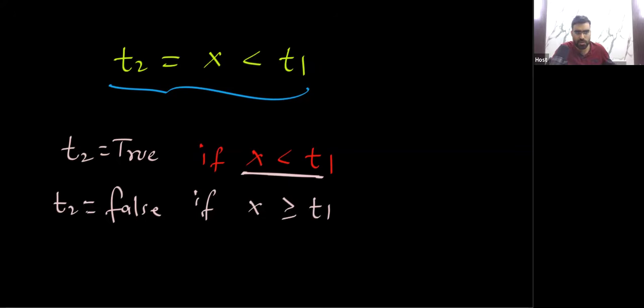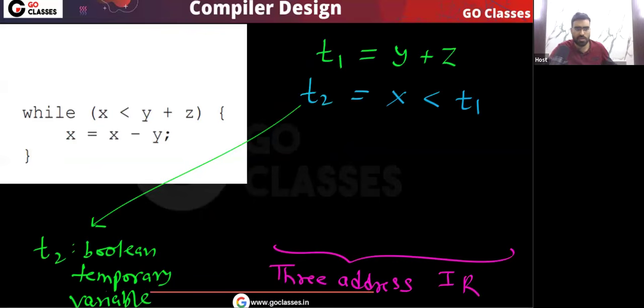So quite easily you can do this. I hope this point is clear. True, or you can say 1, and false, or you can say 0. False means 0. True means 1. So very simple. Now here, what is the next thing you will do? When you are executing this code, what is the next thing you will do? If this T2 is set, then you will go here.